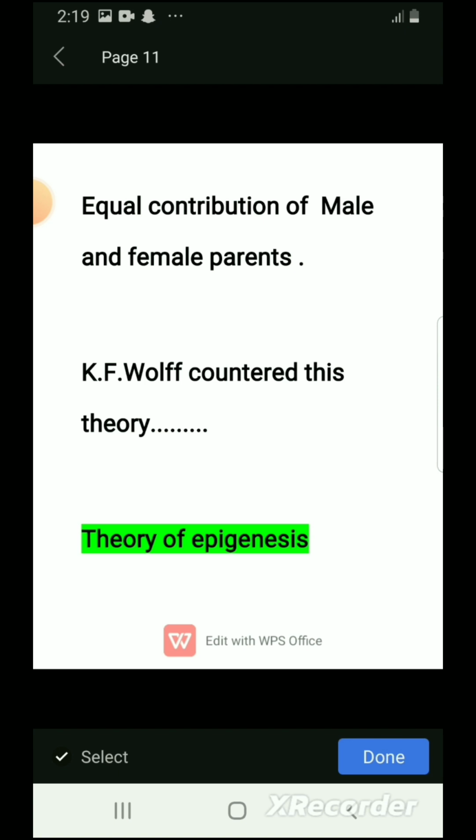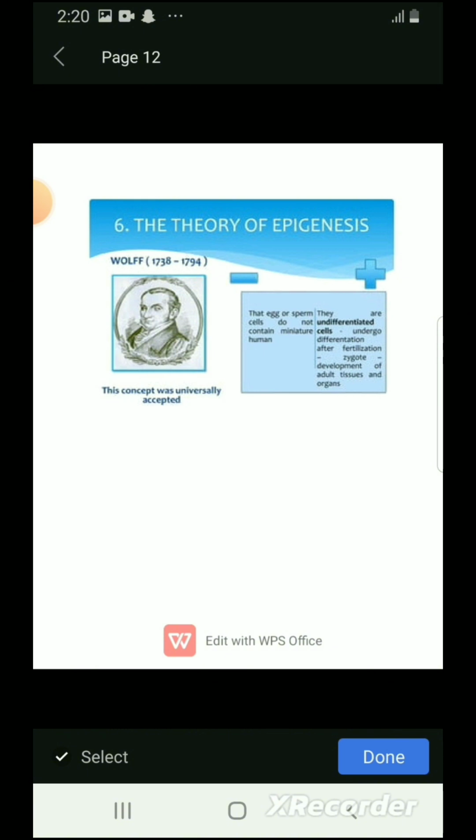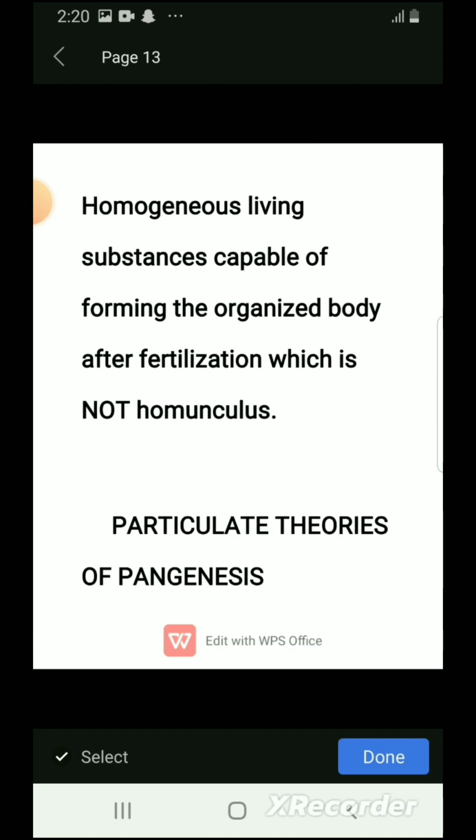Now we have a contradiction to this preformation theory, which is the epigenetic theory. The epigenetic theory was coined by K.F. Wolf. He countered the preformation theory and brought out another theory known as epigenesis. The theory of epigenesis states that there's no preformed material or homunculus in the ovary or sperm.